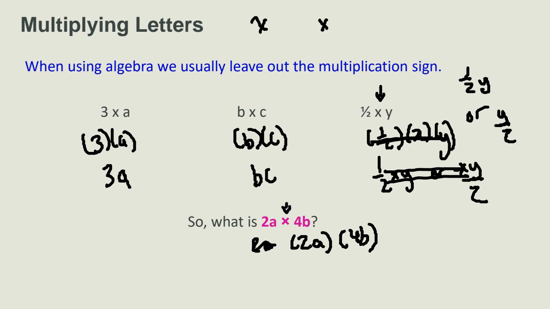So 2A times 4B: we'll talk about this more in the next couple of slides, but we multiply the coefficients first. So 2 times 4 gives me 8, and then A times B gives me AB. Again, just leaving it in alphabetical order. So we multiply the coefficients first, and then we put the letters together.